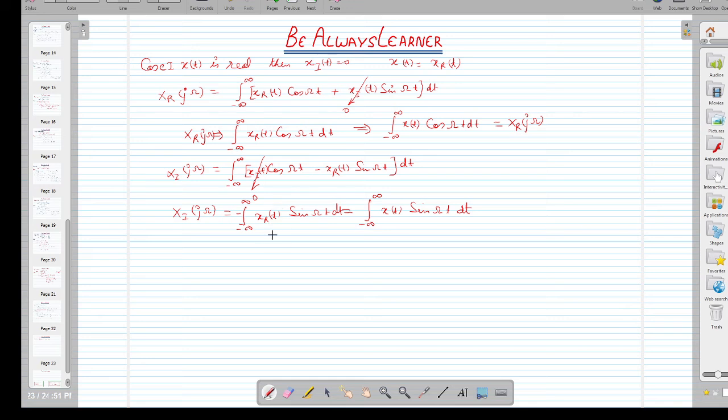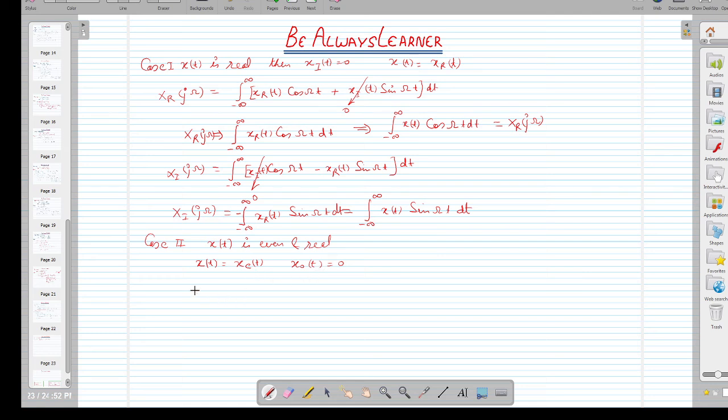In the same way, we can consider case 2. The case 2 is x t is even and real. Now, if x t is even, we can write that x t is equal to x e t. It means the odd part of the component is 0. Fine.